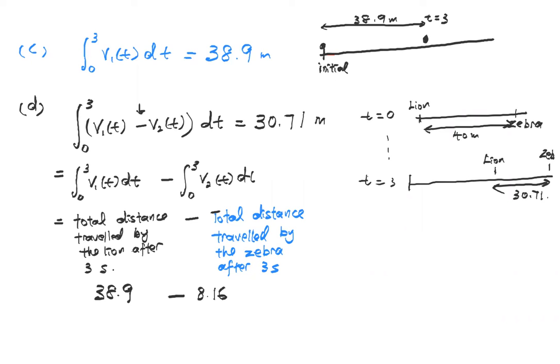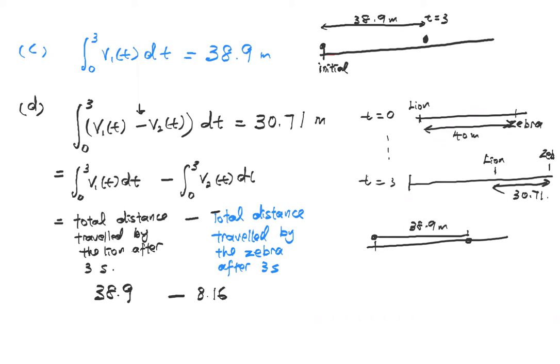So that means now, how far away is the zebra from the lion, if I ask the question based on here? Now we look at the first situation. The lion is here at the beginning. It traveled 38.9 meters, so it is here.